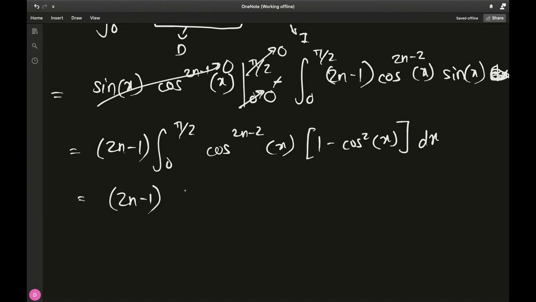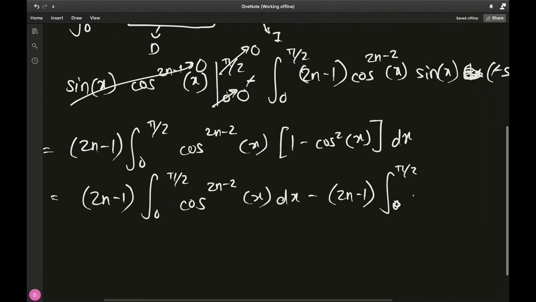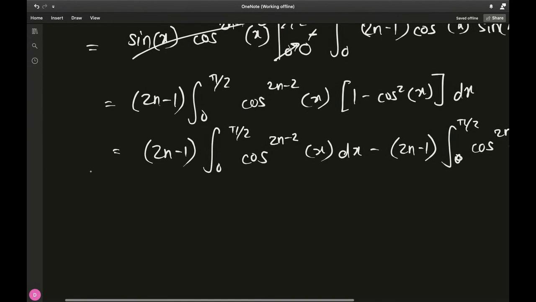Now expand this bracket, integral from 0 to pi over 2 of cosine of 2n minus 2 of x dx minus 2n minus 1 integral from 0 to pi over 2 of cosine to the 2n of x dx, just using the power rule again, and that's I sub 2n.